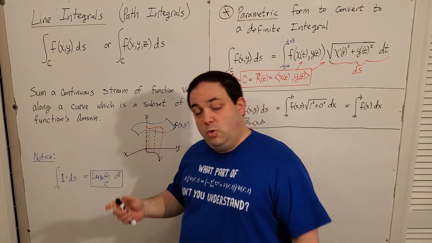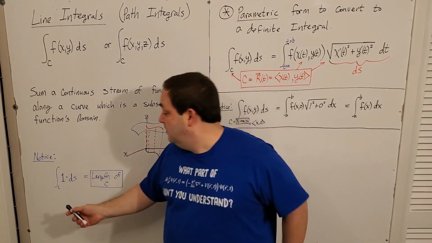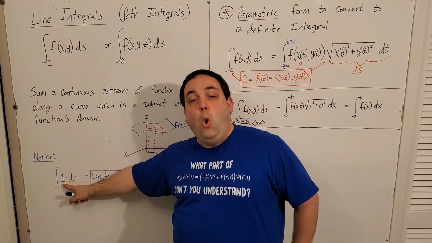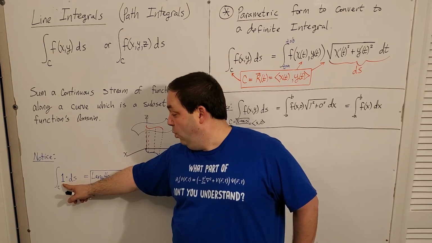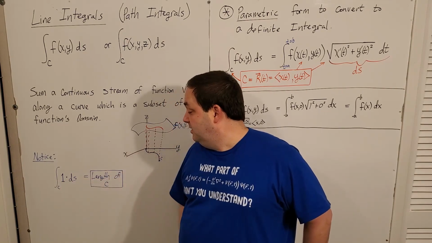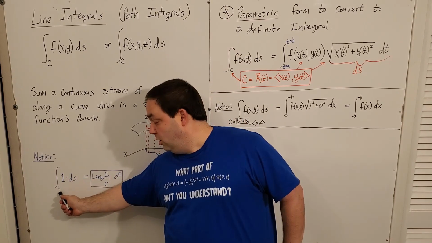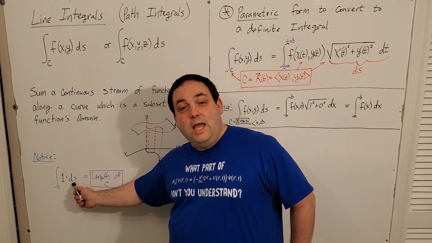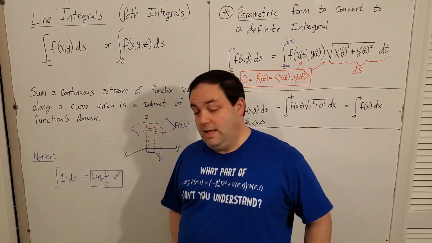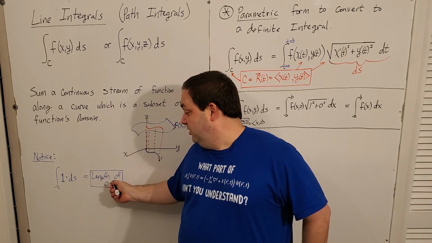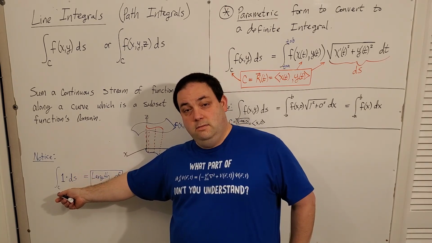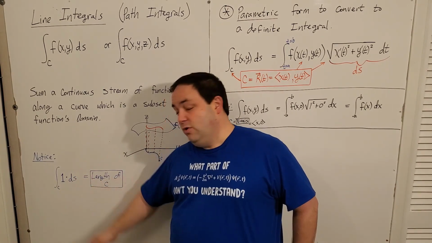Some quick thing to notice. If your function is just 1, a constant function of 1 times ds, then what are you doing? You're just doing an integral along a curve of little pieces of its length. What happens is you'll just get the length of C, the length of the curve, if you do this integral.